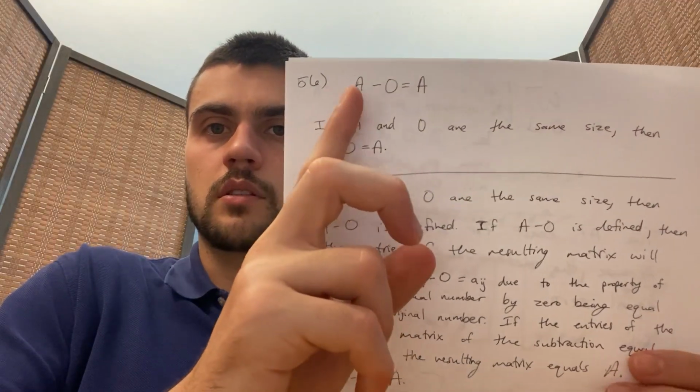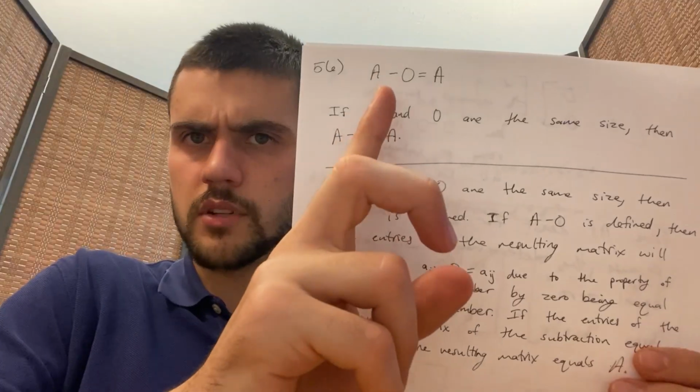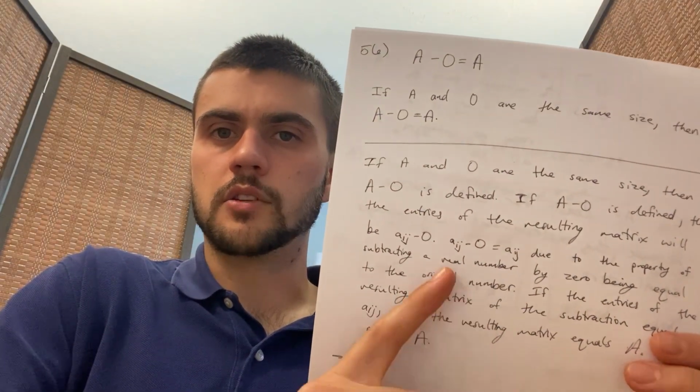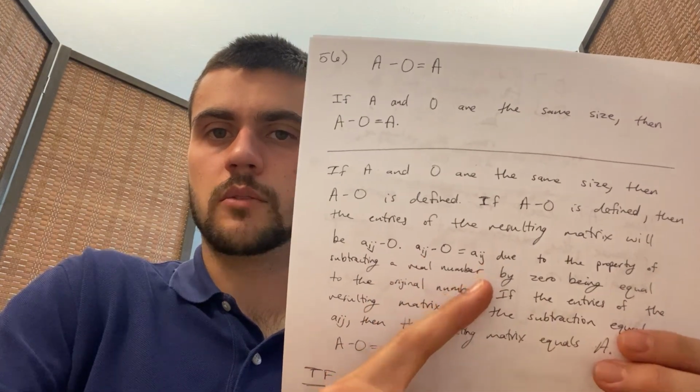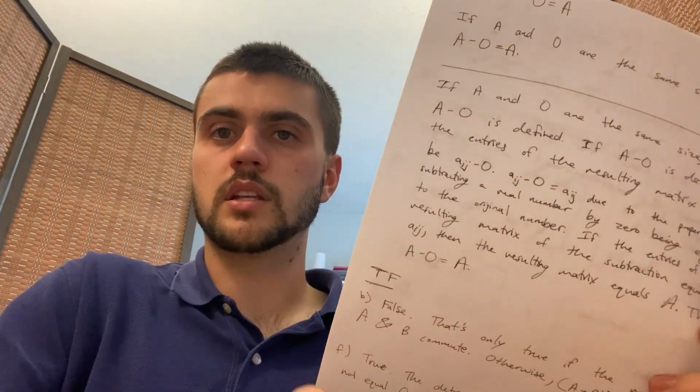And since we know they're the same size because the difference was defined, and all the entries will just be a sub ij, then it's really just A, and so A minus 0 is A.